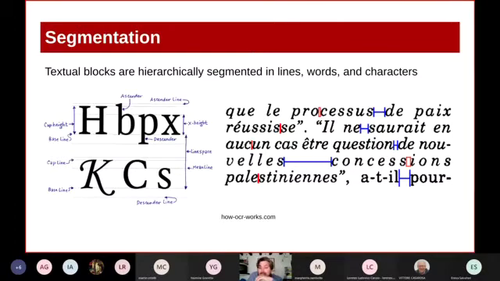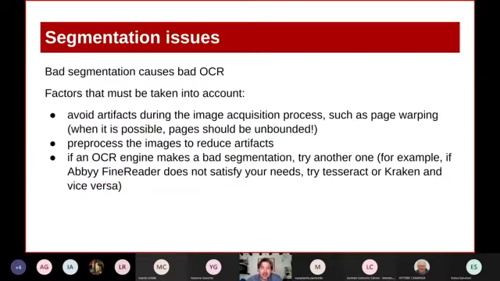But it must calculate also the spaces. You see, for example, in this case, how spaces vary. So one word could be wrongly split into words. Bad segmentation causes bad OCR.